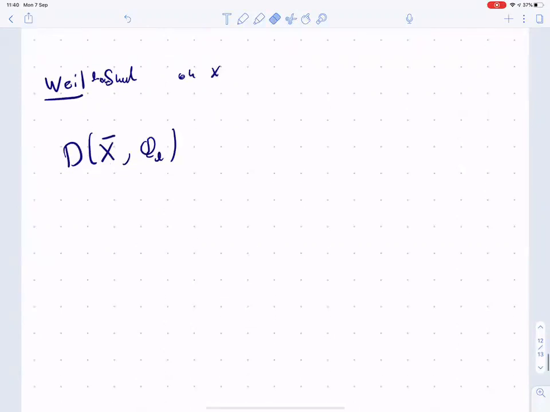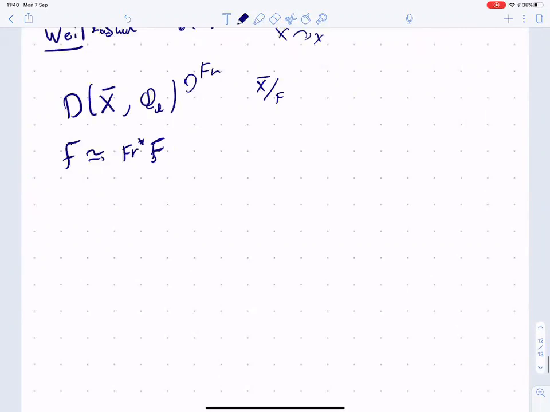And what I'm interested in is that this thing has a Frobenius action, and my notion of a Weil sheaf is going to be a sheaf together with the information of an isomorphism to what happened when I pull this sheaf back via Frobenius. So this is kind of like descent data, it's an equivariant sheaf with respect to the action of Frobenius, okay?